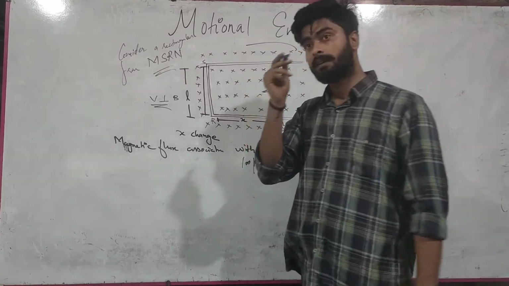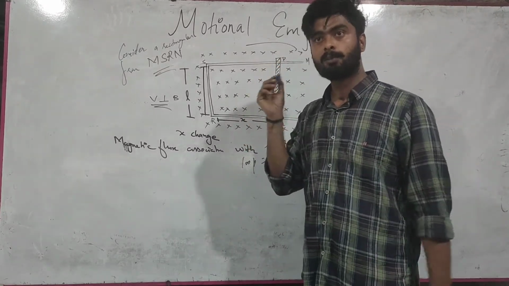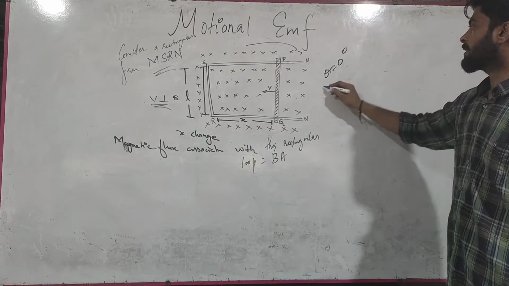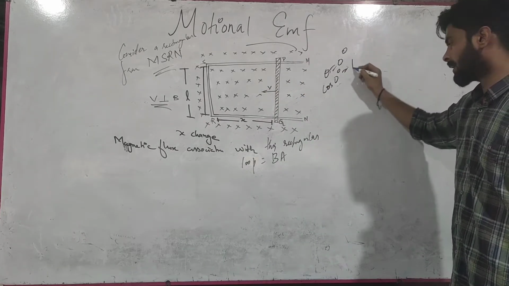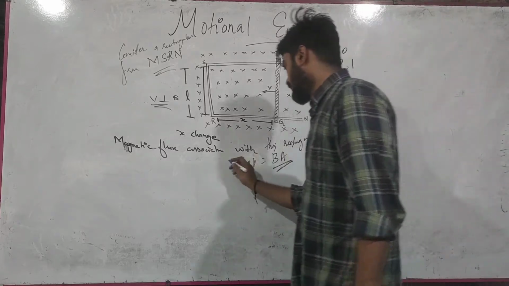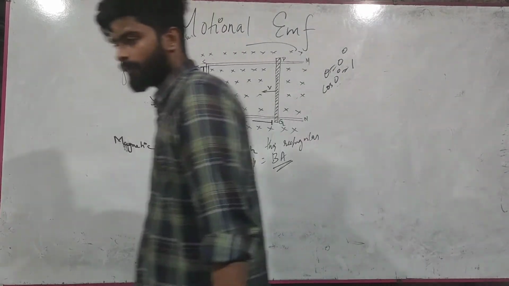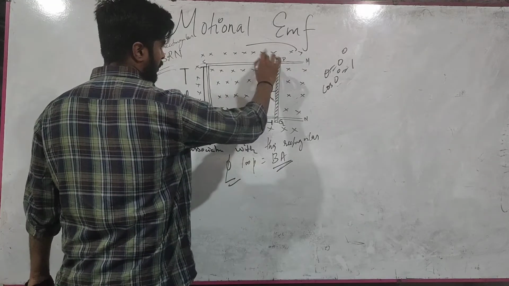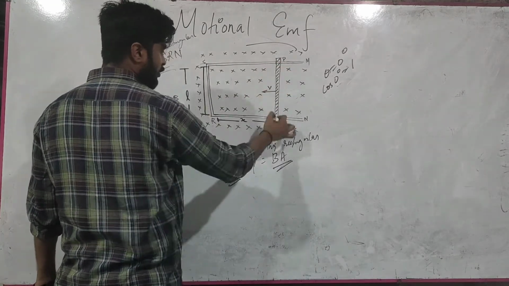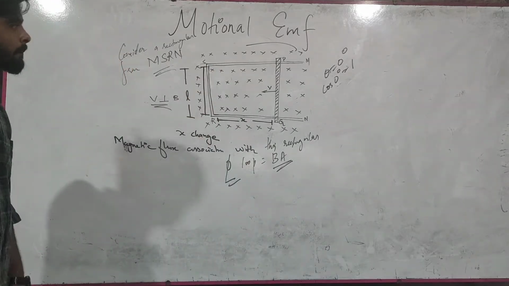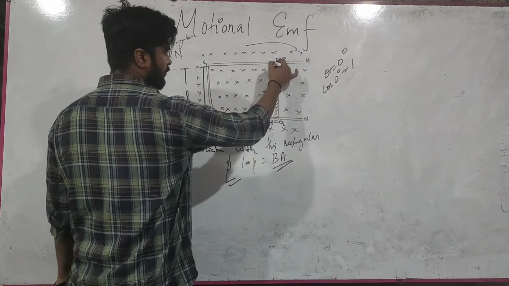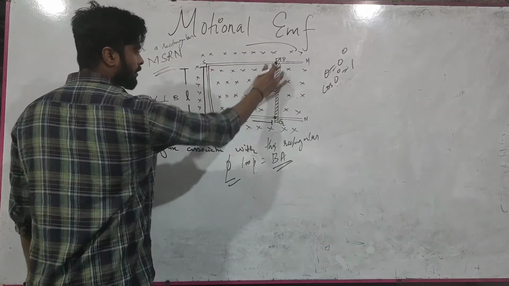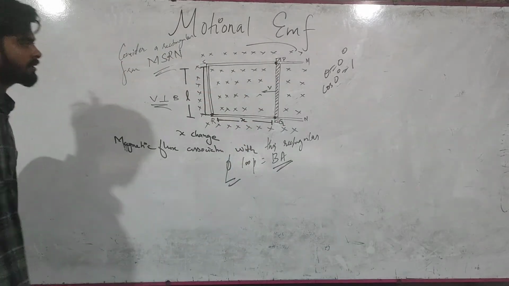the area vector is outside, right? The area vector is outside, so both are parallel to each other. So theta is 0 degrees, and cos 0 degrees is 1. So the magnetic flux phi will be BA. So this is the flux through the rectangular loop PQRS.